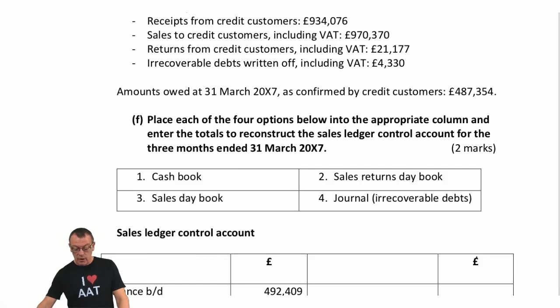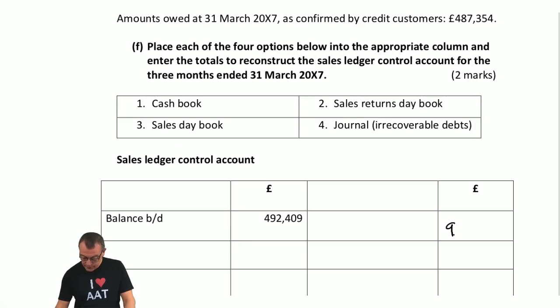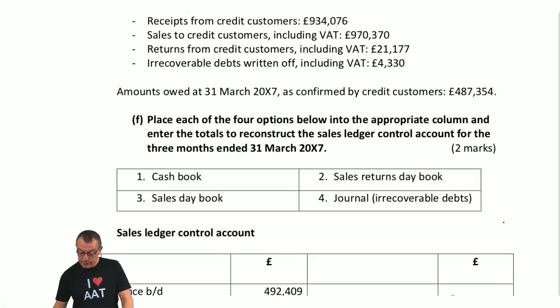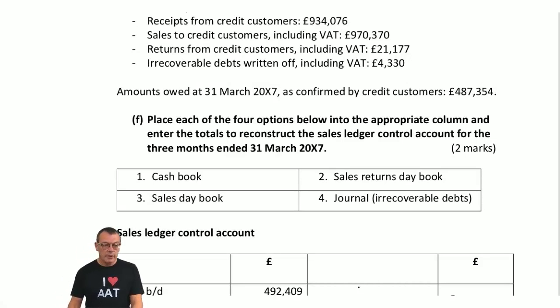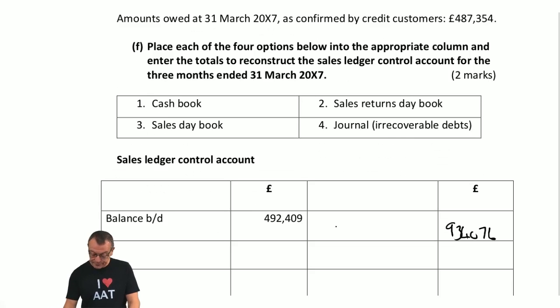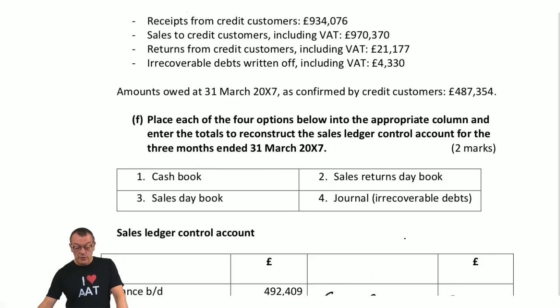One is the cash book. So receipts from credit customers, I beg your pardon, receipts from customers goes into the cash book. So the receipts for this one, 934076, and that is cash book. We've then got sales to credit customers, 970,370.